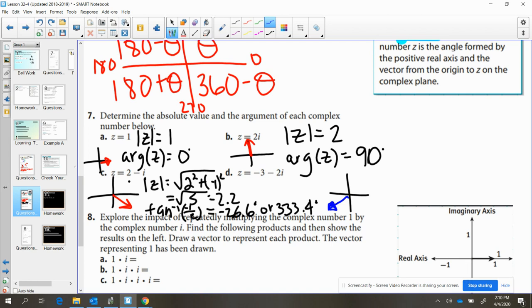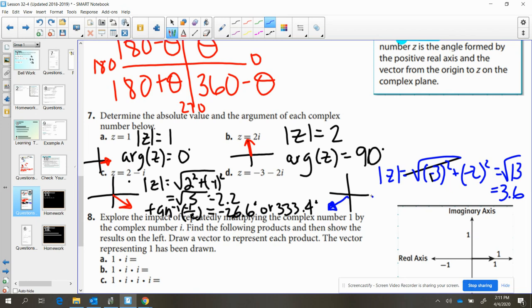Now, the absolute value, again, is the square root of negative 3 squared plus negative 2 squared. So we end up with the square root of 13, or if you are approximating that, about 3.6, depending on how you're writing your answer.